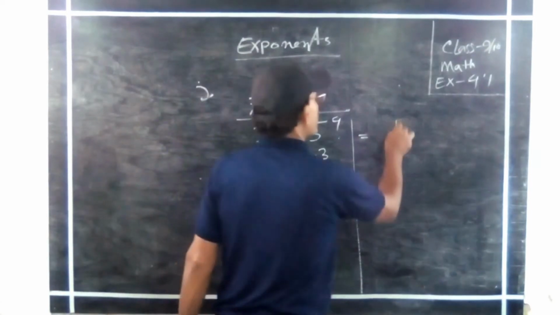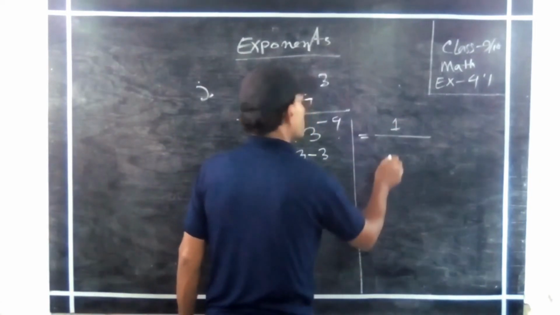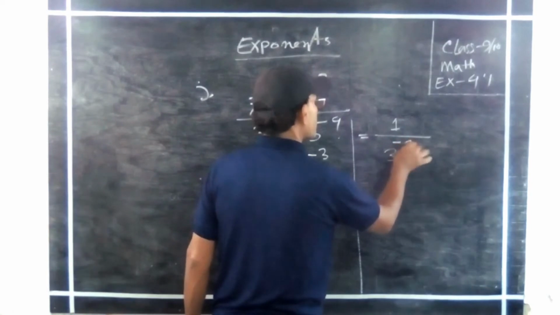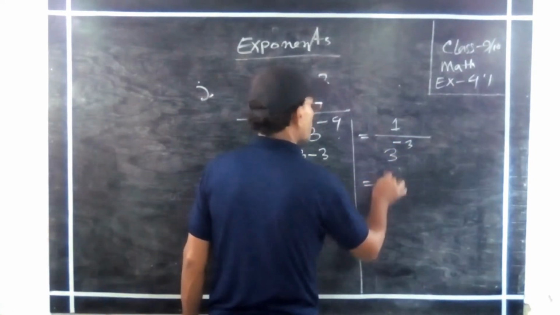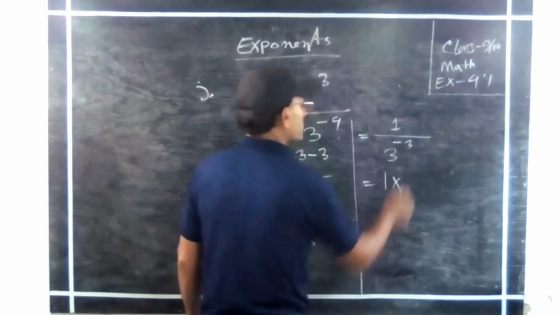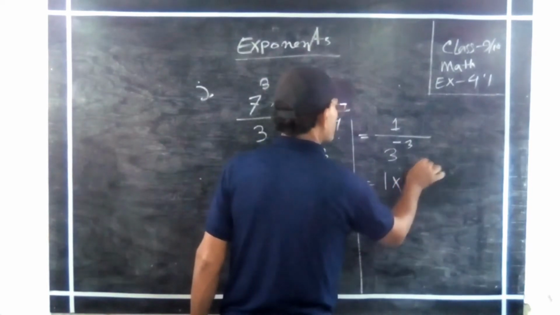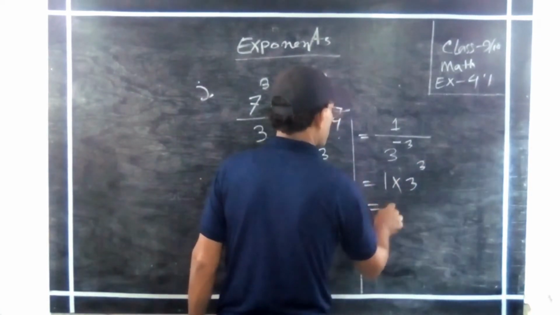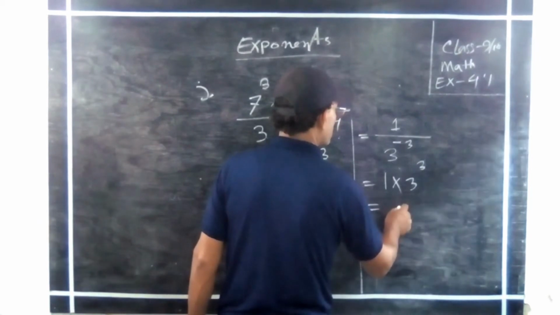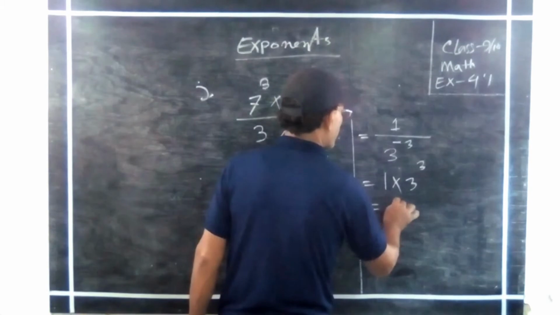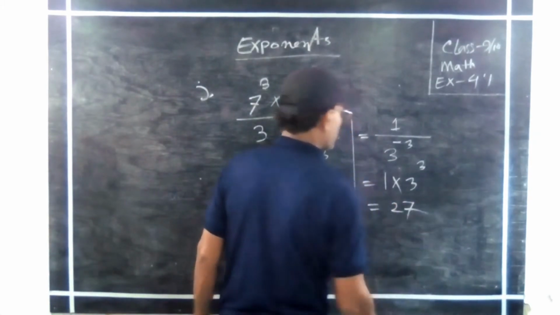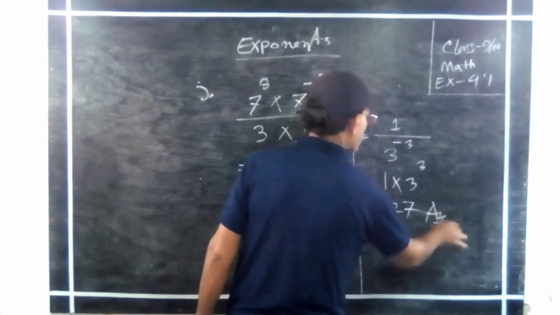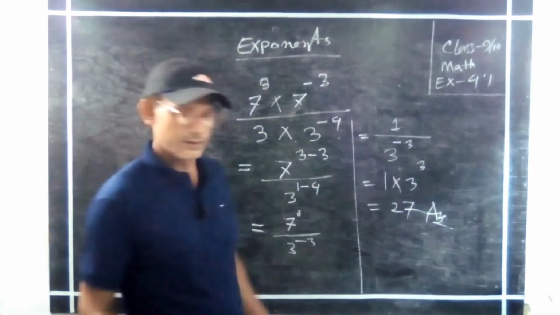So we can write 1 divided by 3 to the power minus 3, equal to 1 into 3 to the power 3, equal to 27.